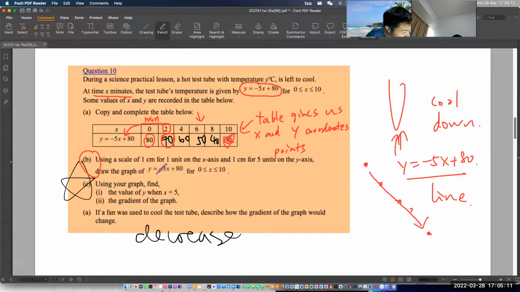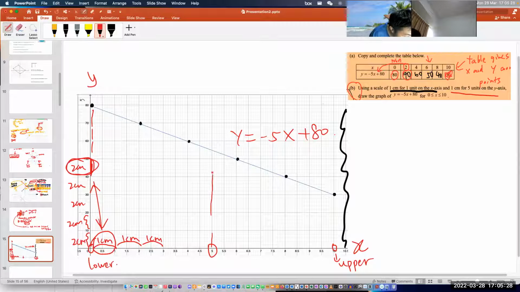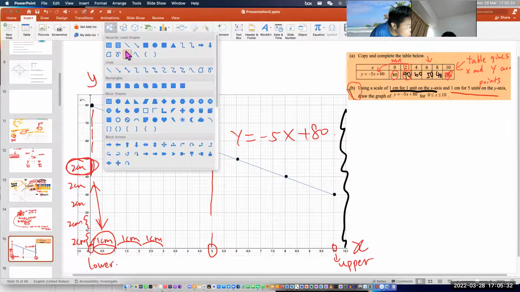Okay, so next. Then it says the value of y when x is equal to 5. So you need to read the value of y when x is equal to 5. Okay, so x is equal to 5. So where is your x is equal to 5? x is equal to 5 is here. So you just go up to this point. So what's the y value? Use a ruler.